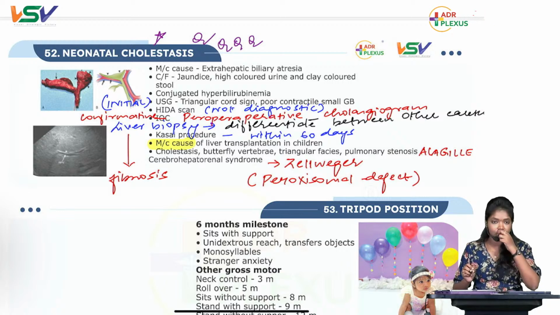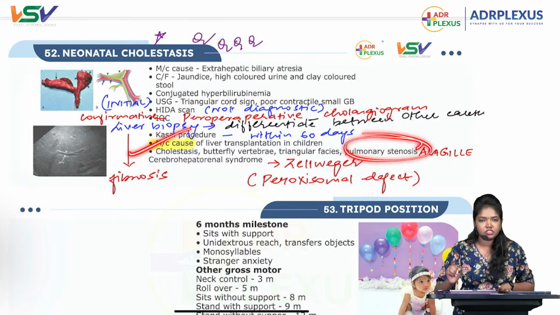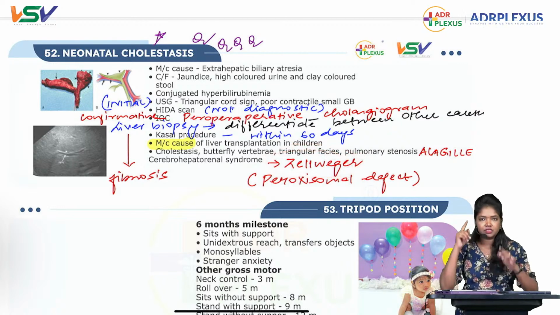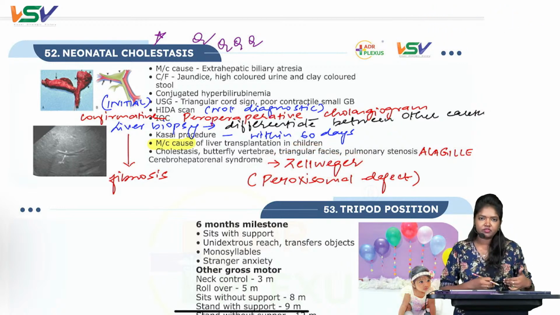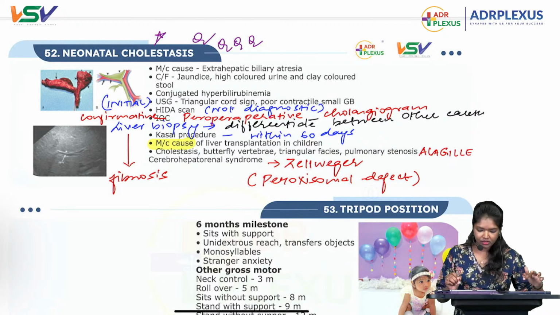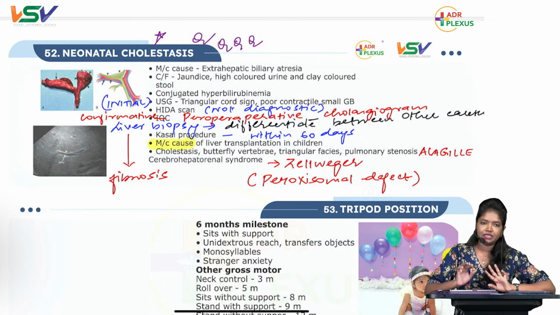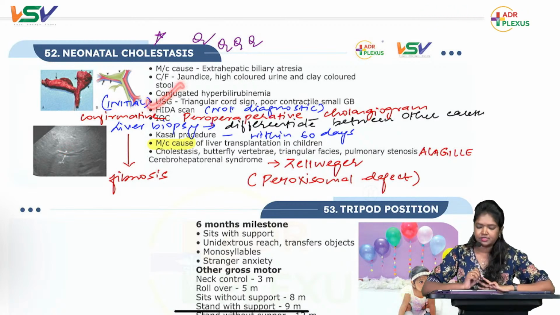Clear? So other two causes of neonatal cholestasis: Alagille syndrome, please remember pulmonary stenosis is a feature. Zellweger means brain is affected, liver is affected, kidney is affected. Cerebrohepatorenal, peroxisomal defect. Clear? So this is about neonatal cholestasis, triangular cord sign seen in ultrasound.